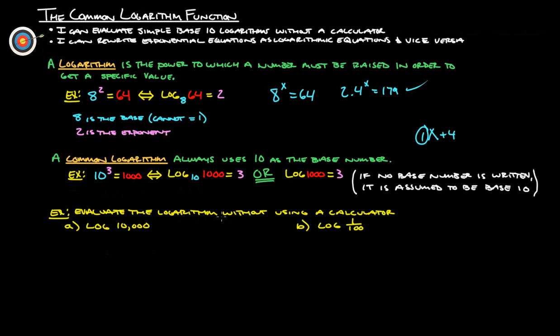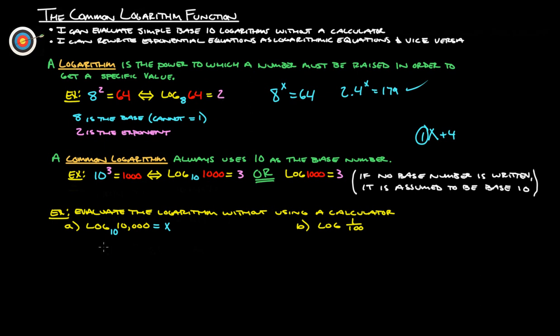Let's see, evaluate the logarithm without using a calculator. So log of 10,000. So really what we know is that this is 10, right? And we want to figure out what this equals. So I'm just going to put this as log base 10 of x. So now I know that if I've got log base something of some number equals another number, the base to that power, whatever it equals, gives us this number.